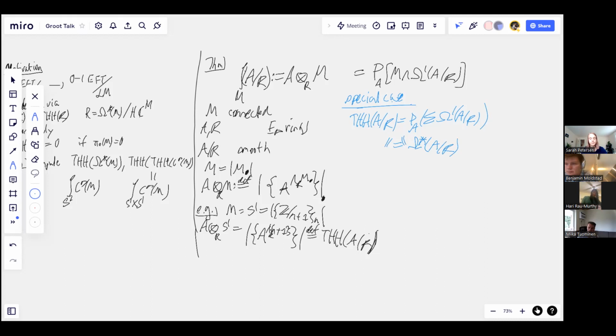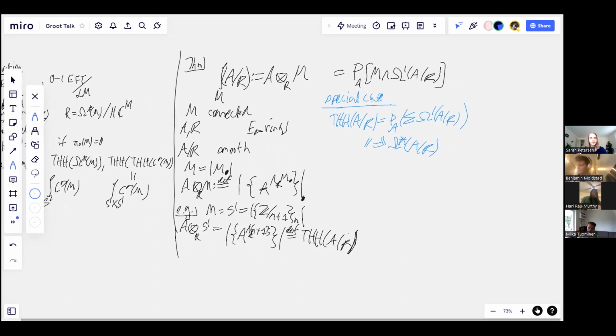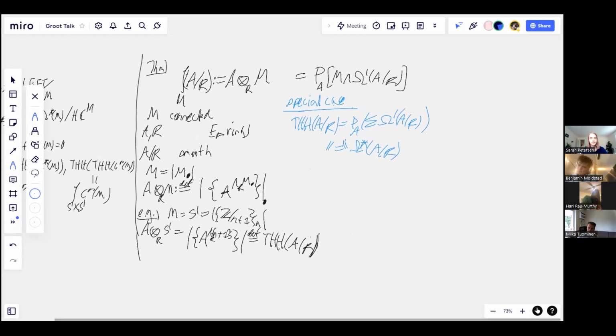Because a polynomial algebra over a suspension is just an exterior algebra, and an exterior algebra over differential one forms is by definition differential n forms. So this is a special case of our theorem when M equals S1. So the M smash becomes a suspension.